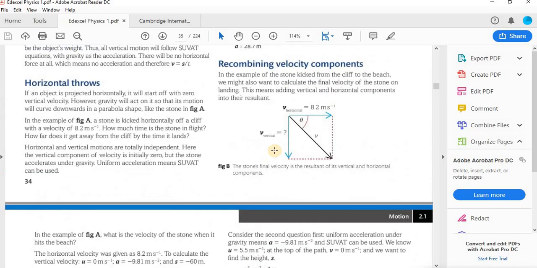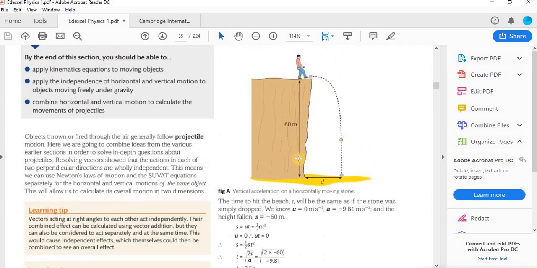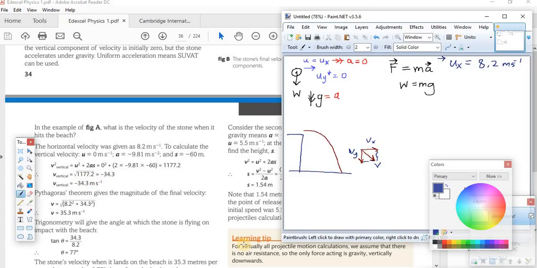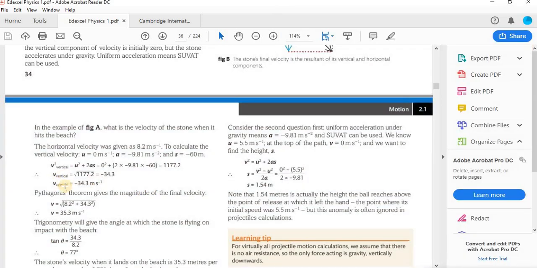And then s is the vertical displacement, that is minus 60, again minus because they have taken up as positive. Then you get this, and then you can get the final vertical velocity. This is the component of the velocity in the vertical direction, vy, just before it hits the ground. So that is minus 34.3 because we take up as positive, this is down.